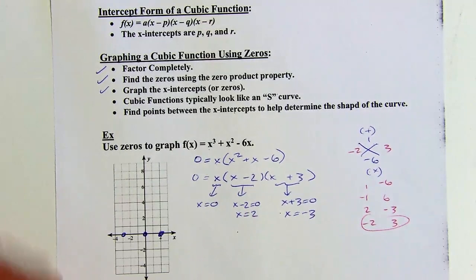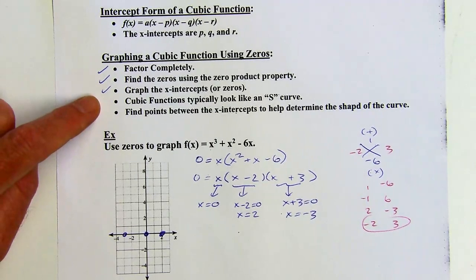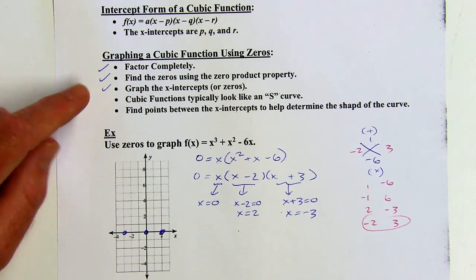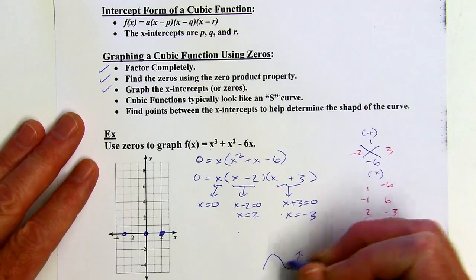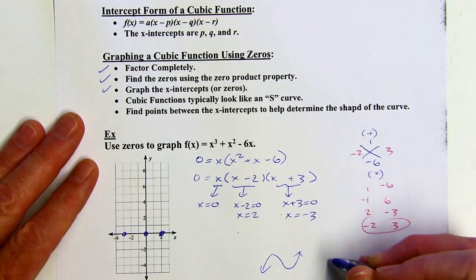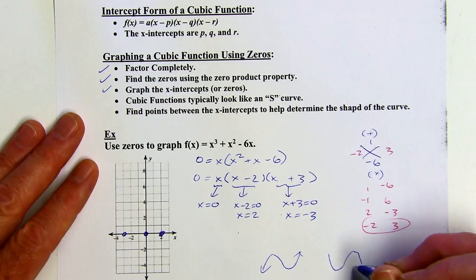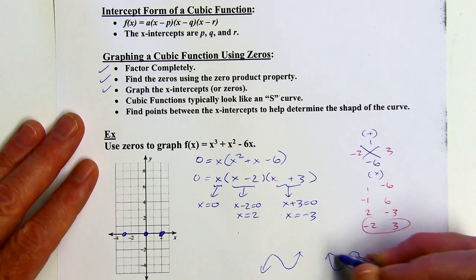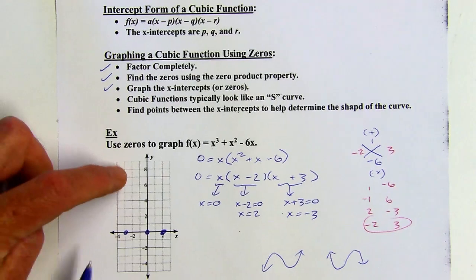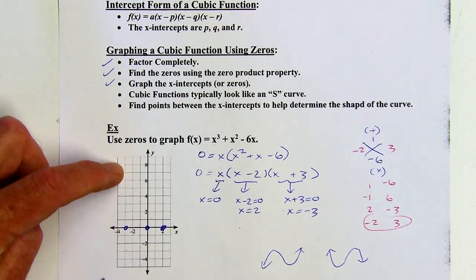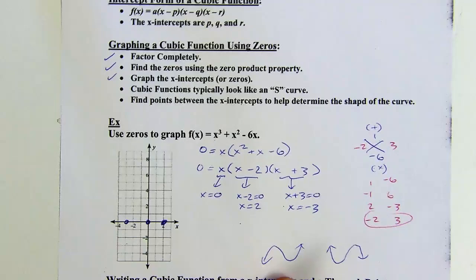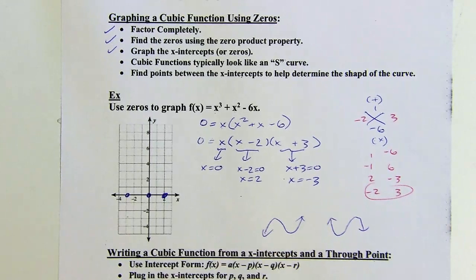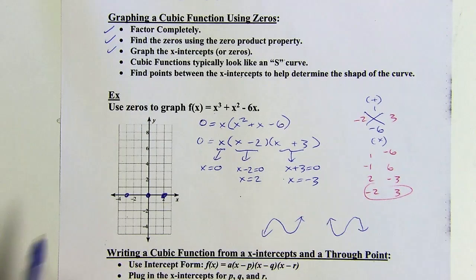Okay, and cubic functions are typically going to look like an S-curve. Okay, so they might look something like this, or they could look something like this. So it's a little hard to tell which way our S-curve is going. So in other words, should we start and go down like that, or should we start from the bottom and go up? Well, at this point, the best way we can figure that out is by making an XY table and choosing a few more points.